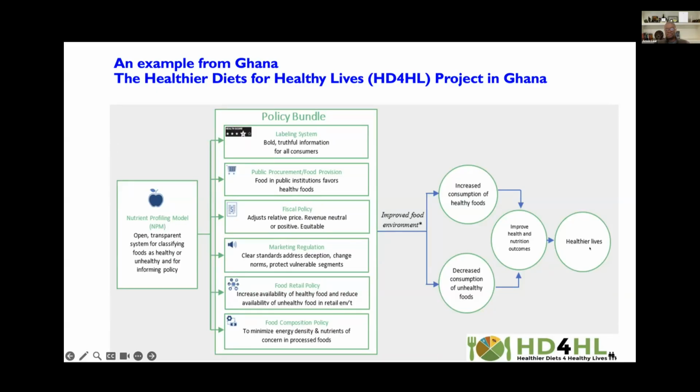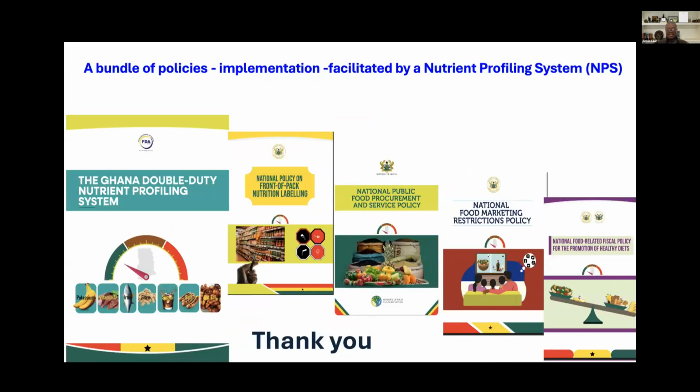So the HD4H project. What the project has done is support the Ghanaian government to develop the nutrient profiling system, which would be used as a basis for implementation of multiple policies.